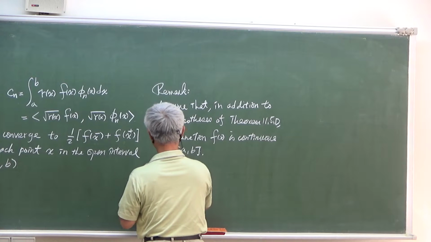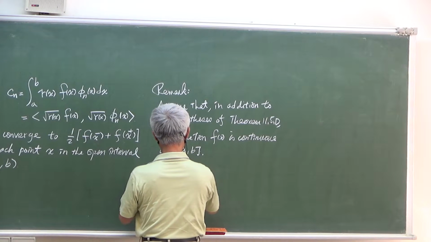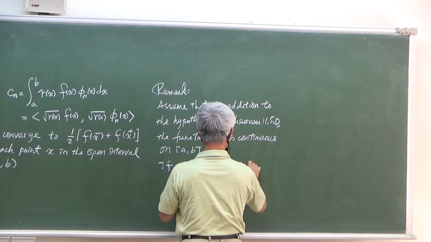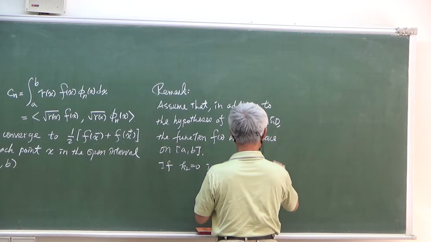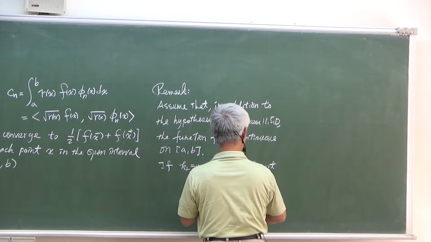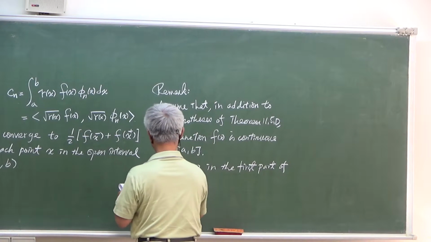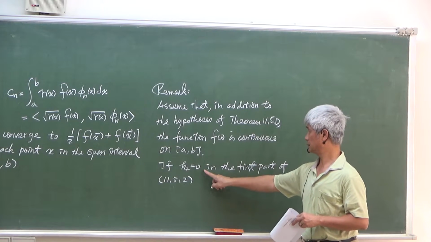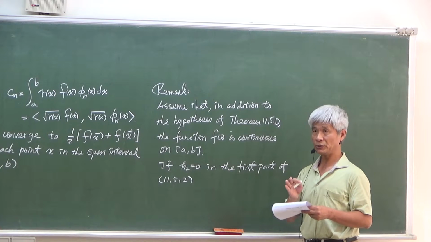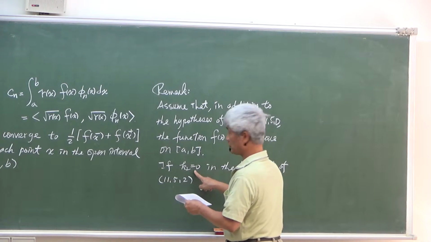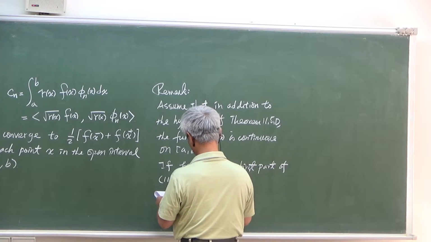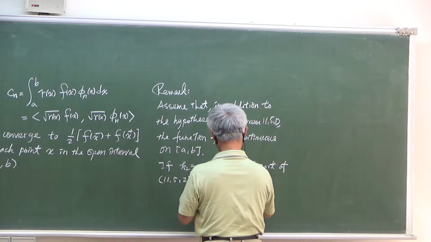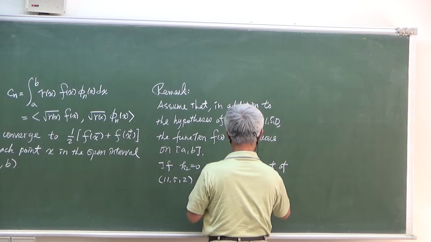And if k2 is equal to 0 in the first part of equation 11, the boundary condition at the endpoint x = a, then phi_n(a) should be 0.